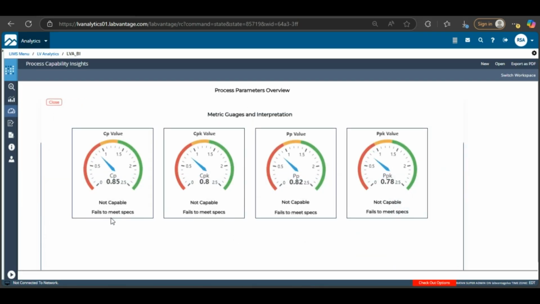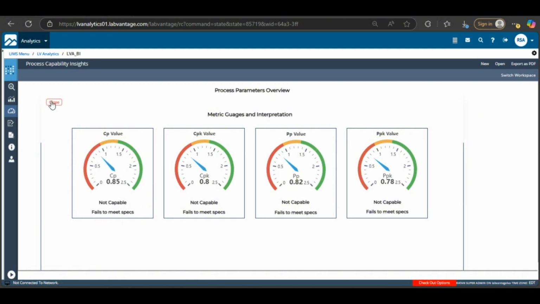Values below 1.0 fall in the red zone, indicating poor process capability. Values between 1.0 and 1.33 suggest moderate capability, some risk of variability. And values above 1.33 reflect strong, consistent process performance. Each index is accompanied by a brief interpretation to help us quickly understand what the numbers mean in context.